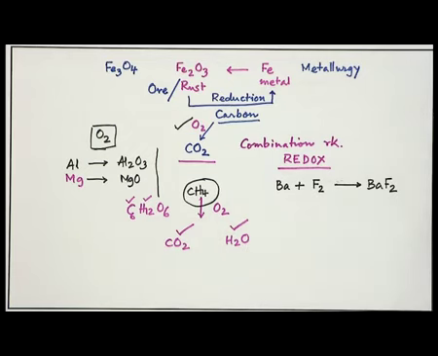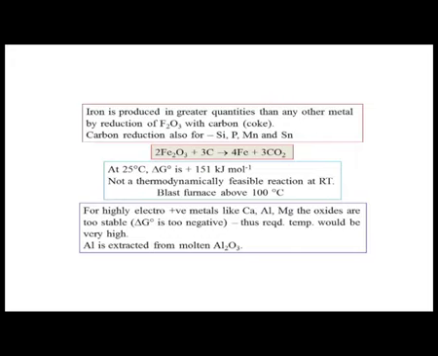What we find in the case of this metallurgical process, if we see this particular reaction, we have a corresponding free energy change, that means the delta G0 value, the thermodynamically quantitative value for this. Delta G0 is a positive quantity. So, it is not a thermodynamically very feasible reaction, because we always know that the free energy change should be negative. Then the reaction will go very fast, being kinetically favorable as well as thermodynamically favorable.